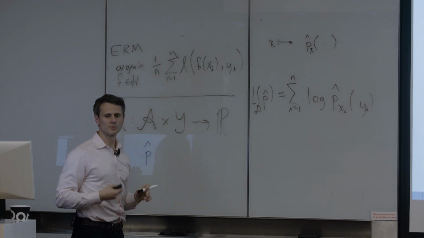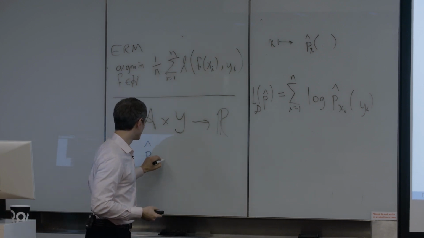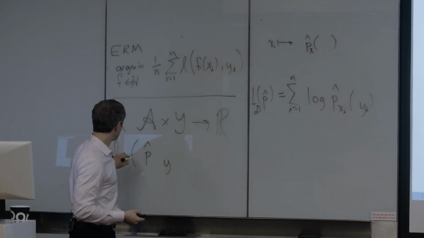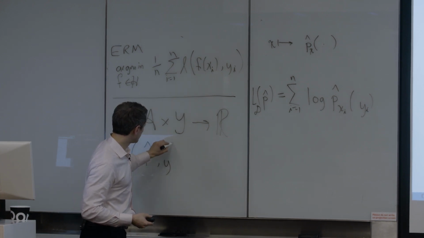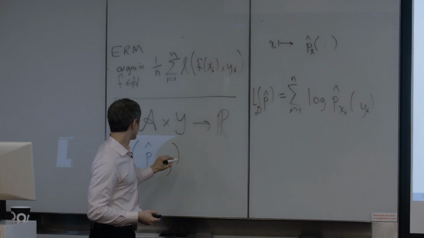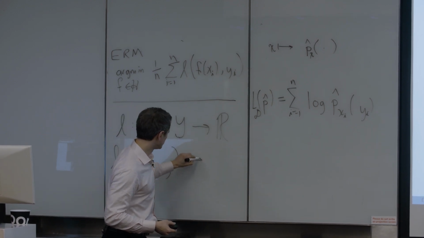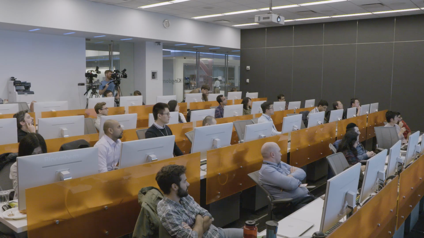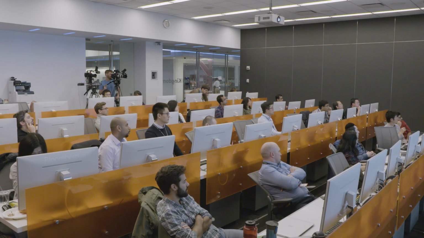That's something in our output space. So I'll just write y for that. So the loss function takes a p hat and a y, and what's it map that to? A real between 0 and 1.